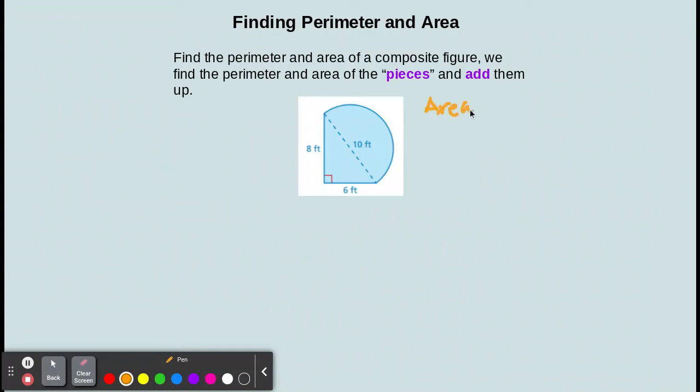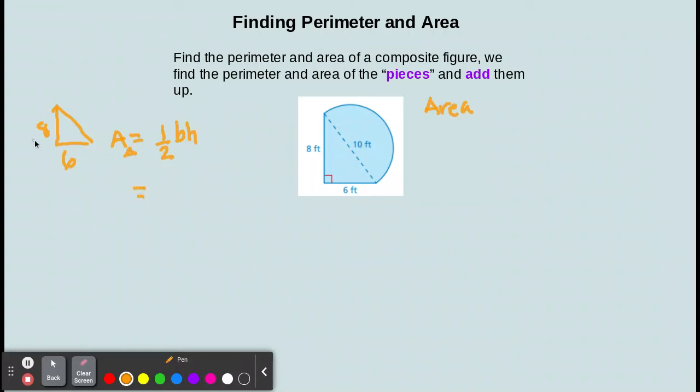Okay, now we want to find the area. Remember, we add up the area of the triangle and the area of the semicircle. For the triangle over here, we have an 8 and a 6. What's the area of a triangle? It is 1/2 times the base times the height.